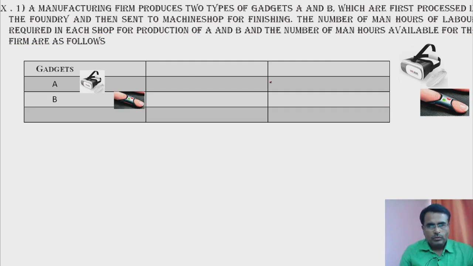Now these two are processed on two different machines. A foundry machine requires 10 hours for gadget A and 6 hours for gadget B, while the machine shop takes 5 hours for gadget A and 4 hours for gadget B. The time available with the foundry and machine shop is 60 hours with foundry and 35 hours with machine shop.